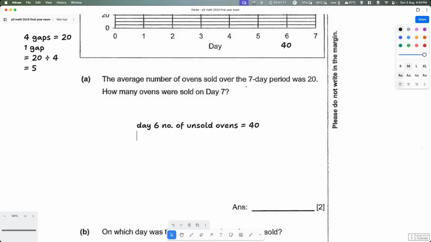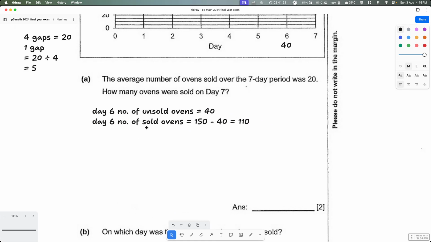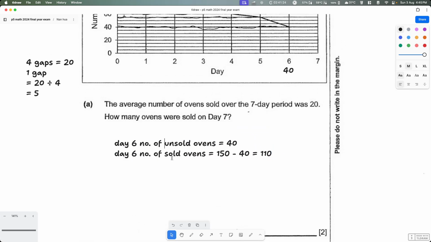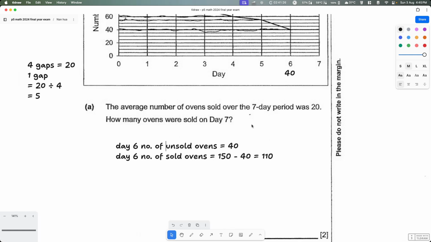The number of sold ovens is 150 minus 40, which equals 110. So we know that the number of sold ovens is 110. The average number sold over the 7-day period is 20.